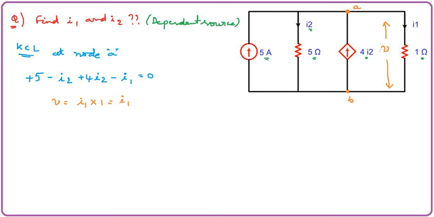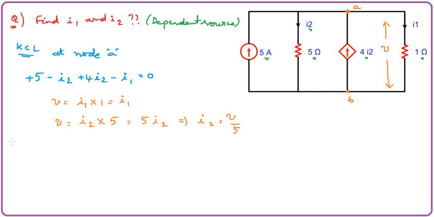Similarly, of course, all the elements are in parallel, so V is the voltage across the 5 ohm resistor also. So how can I move forward? V is equal to I2 into 5 ohm, which is equal to 5 I2. So I1 is equal to V, and I2 is equal to V by 5.